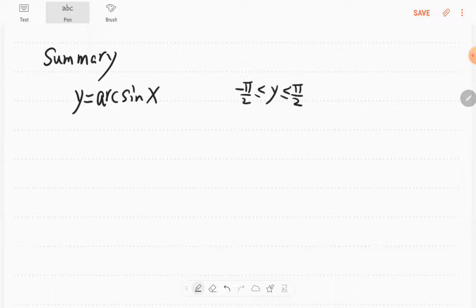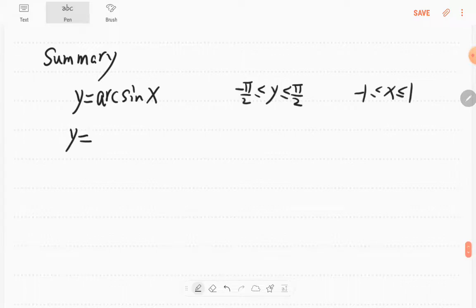So in other words, the terminal side should be in the fourth and the first quadrant. And the input x is always between negative 1 and 1. So y equals arc sine x means sine of y should be equal to x.